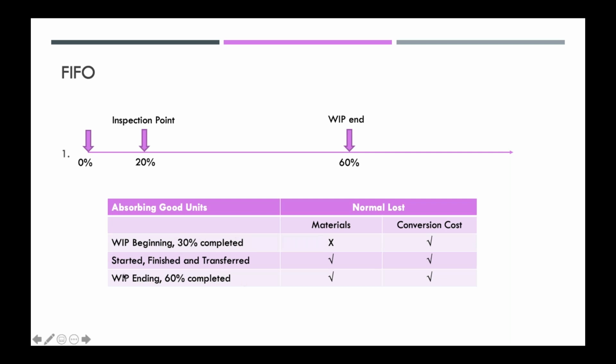So, therefore, nakaraan na siya sa inspection point, nalagyan na siya ng allocation ng cost of the normal loss units, kaya hindi na siya kasama sa dadagdagan natin ngayon, or else madodoble yon. Okay, kaya yung beginning work in process natin, wala na siyang share dun sa cost of materials for the normal loss. But the started and work in process ending, they will have a share doon sa cost of materials ng normal loss.